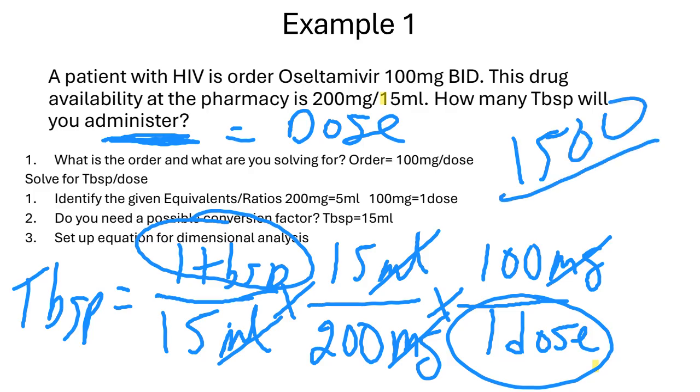Like I said, I recommend dividing each individual unit. So you take the 1500, divide that by 200 milligrams, and then divide that by the 5 mLs. So at the end, the answer for this problem would be 0.5 tablespoons.